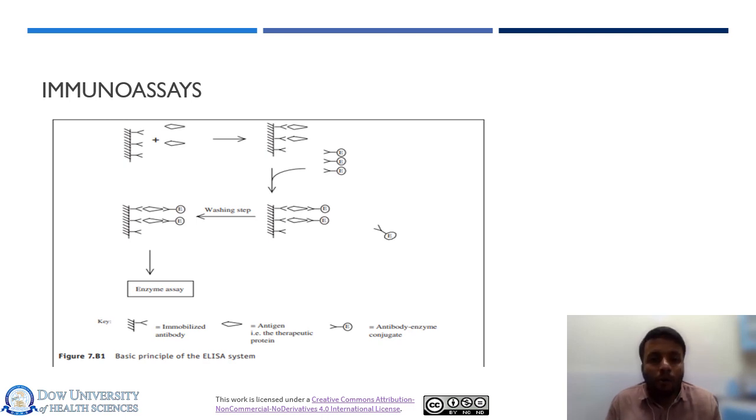Then an enzyme conjugated secondary antibody is added. This secondary antibody binds to the primary antibody, and the enzyme coming with the secondary antibody catalyzes a reaction which usually produces a color with the substrate solution, and this gives a visible signal which is proportional to the amount of antigen present in the sample.